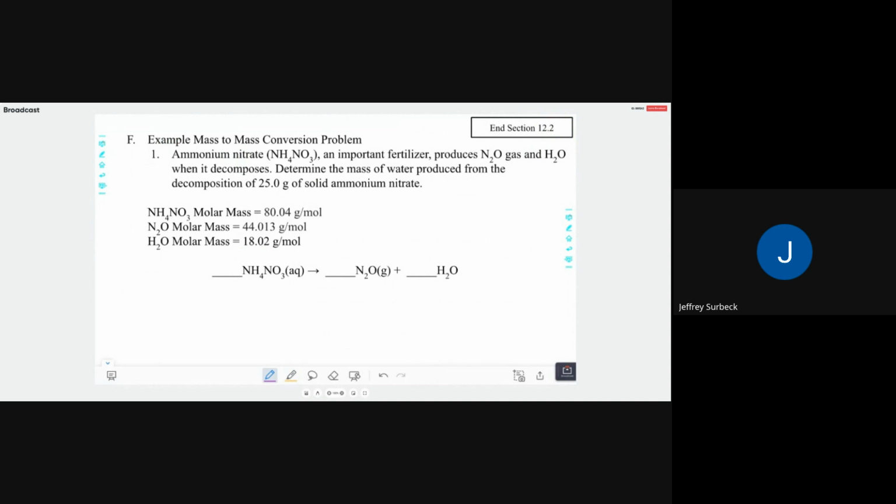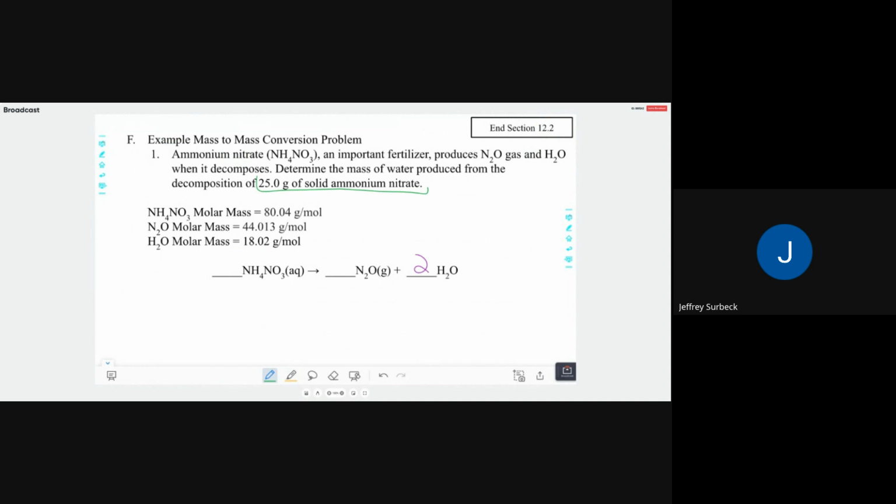Okay, so we put 2 in front of H2O. And then oxygens, we have 3 on the left from that NO3. And be careful, we have 1 from N2O and an additional 2 because of that 2 in front of H2O. So we're balanced, right?